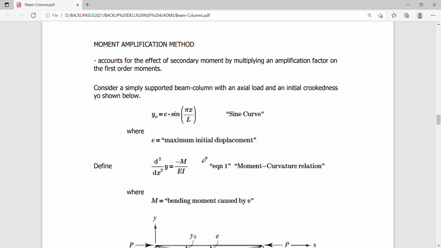And I'd like to present to you the basis of the formula on the moment amplification factor considered in this first order analysis.